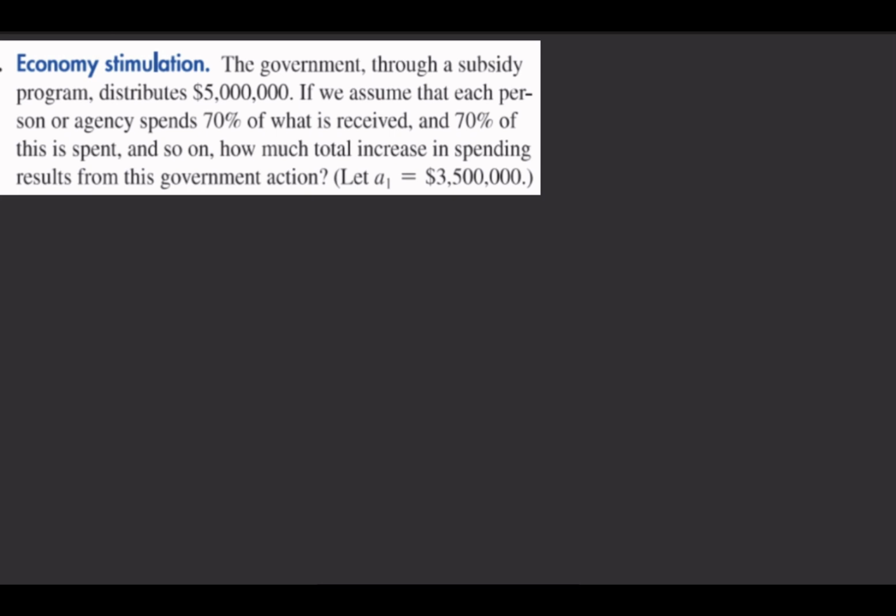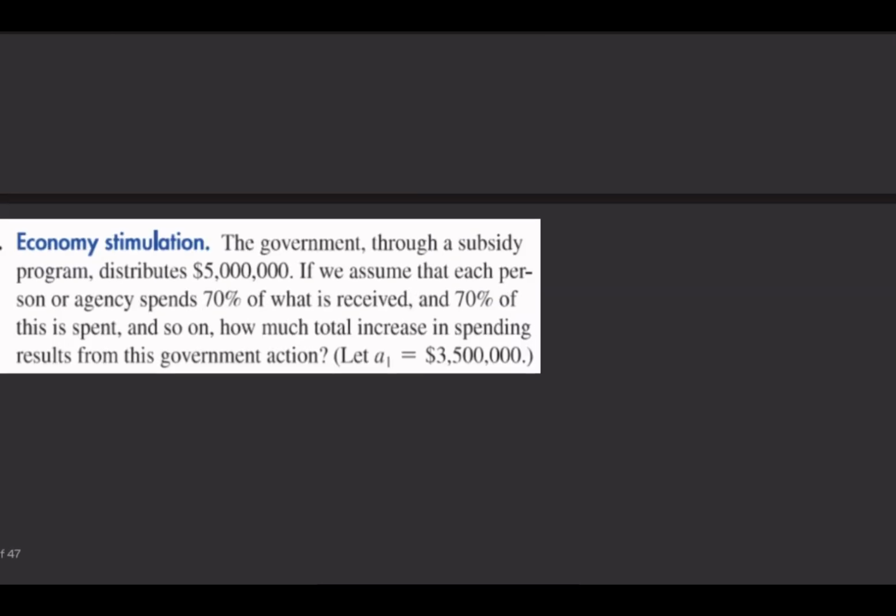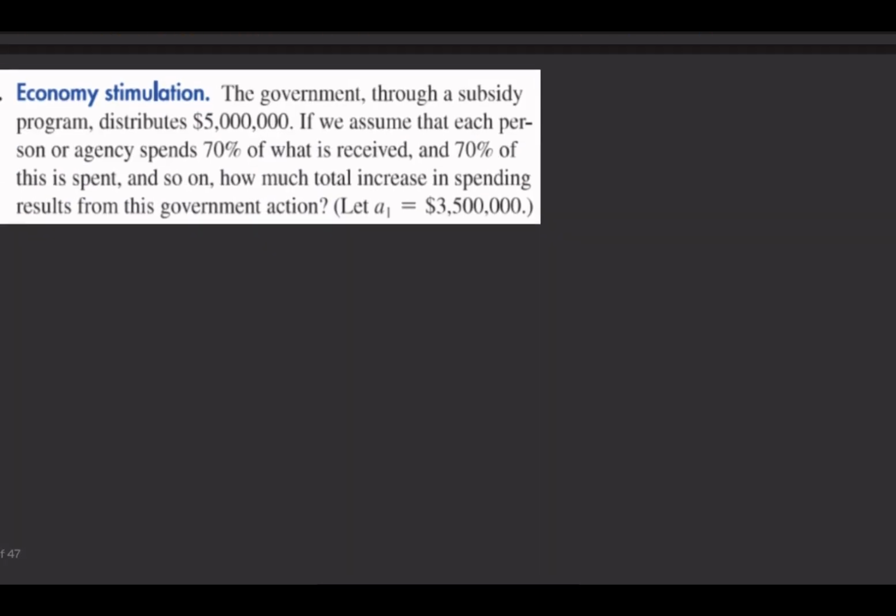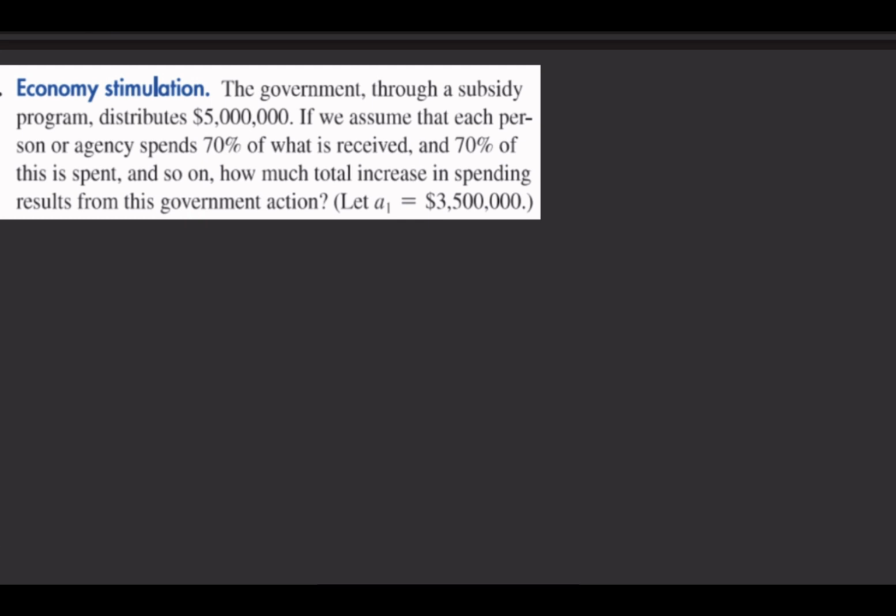Now, let's assume, let's write this out as a sequence: 5 million, then 70% multiplied by 70%, well, multiplied by 0.7, you get 3.5 million.